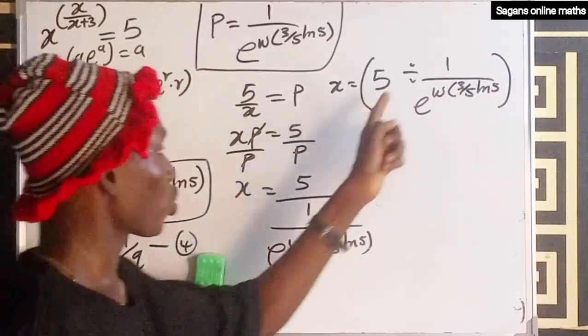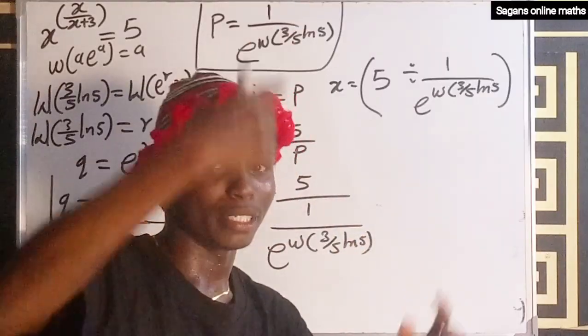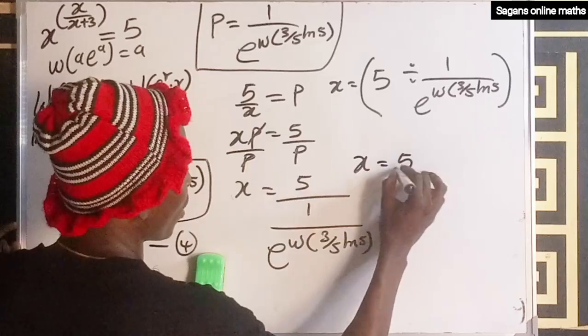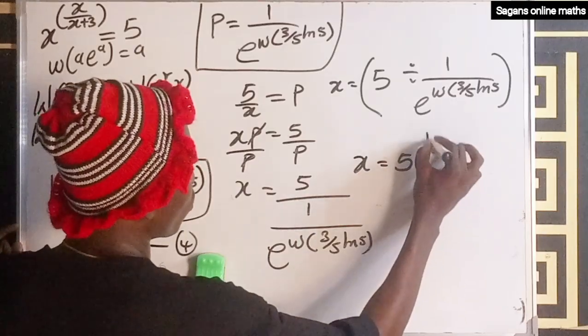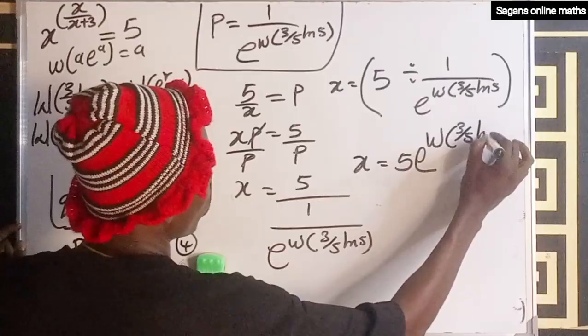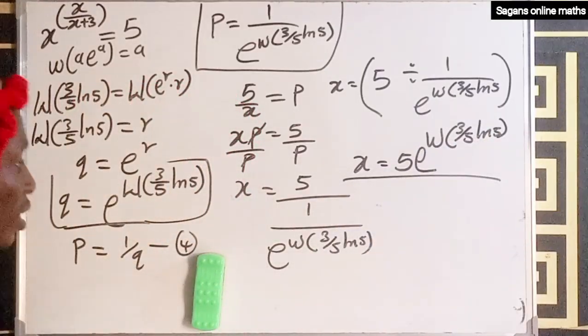Remember that to change this division sign to multiplication, we bring up the denominator and bring down the numerator. If we do that, we see that x is equal to 5 multiplied by e raised to the power of the derivative function of 3 divided by 5 ln 5. And this is a beautiful solution to this particular question.